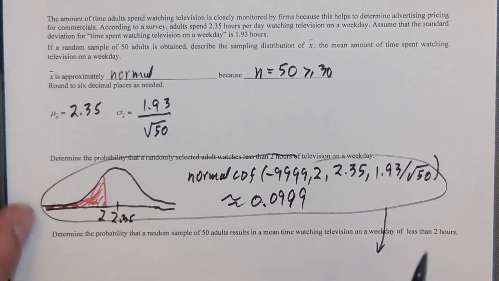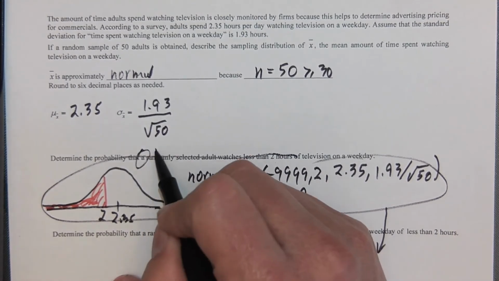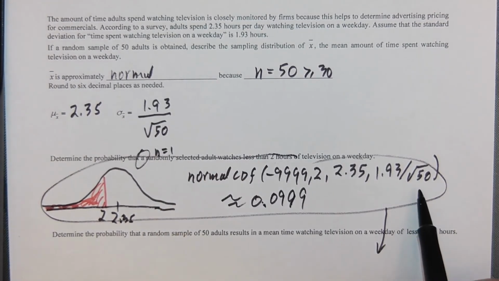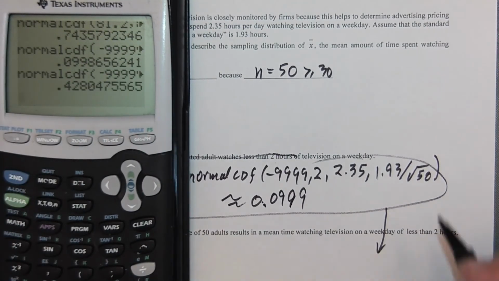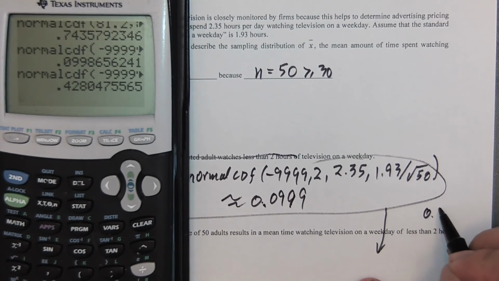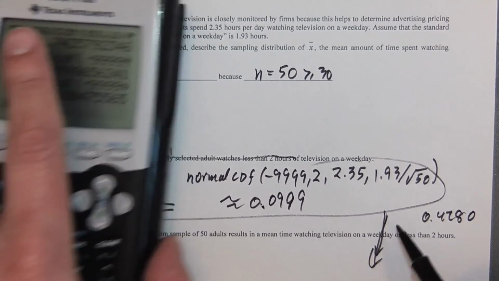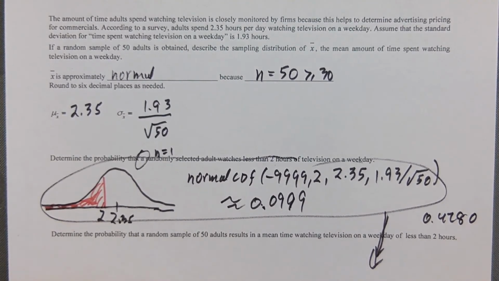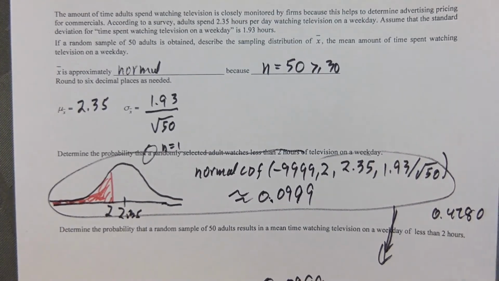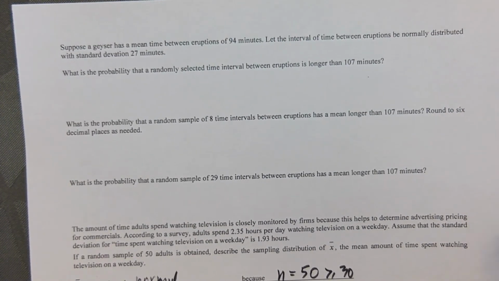So they wanted it just for a single randomly selected adult, so n equals 1 in this case. So that's going to give me here, this probability is going to be 0.4280. This one coming down here, it has dropped significantly. All right, let's try it again with the better one here. Sorry about that.